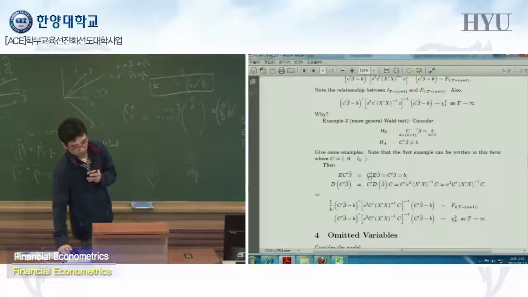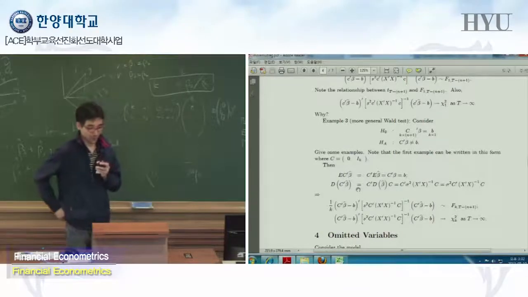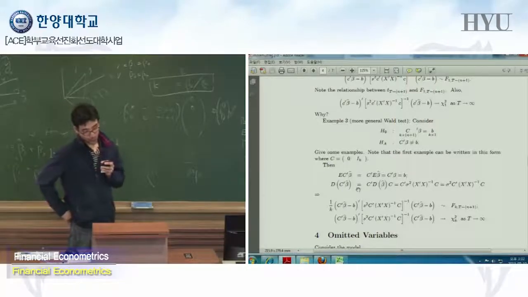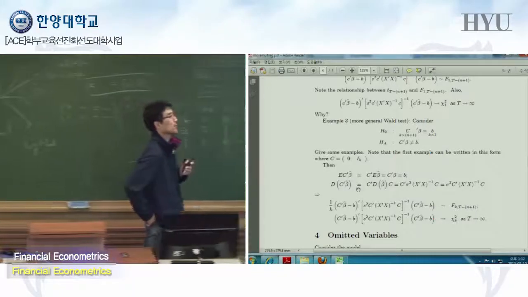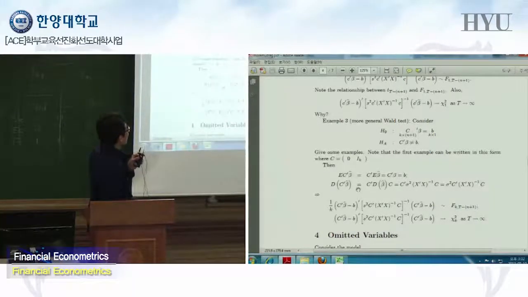So basically this expectation should be B. And then we also know the variance covariance matrix of the restrictions. The variance of C prime beta hat equals C prime times the variance of beta hat times C. And then of course the covariance matrix of beta hat is sigma square X prime X inverse. So it becomes sigma square C prime X prime X inverse C.